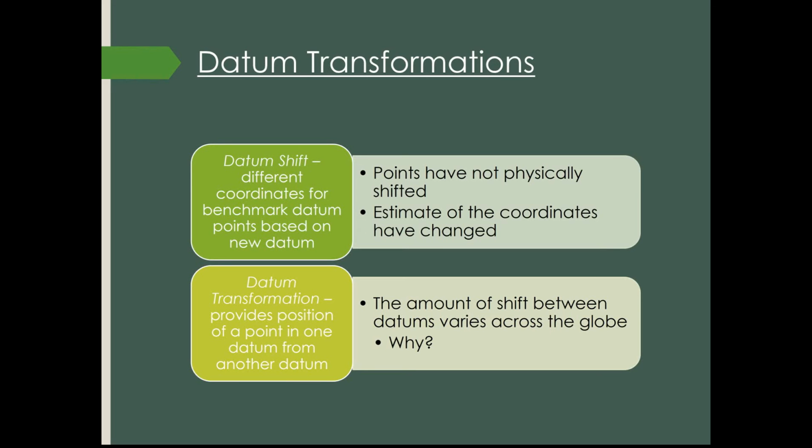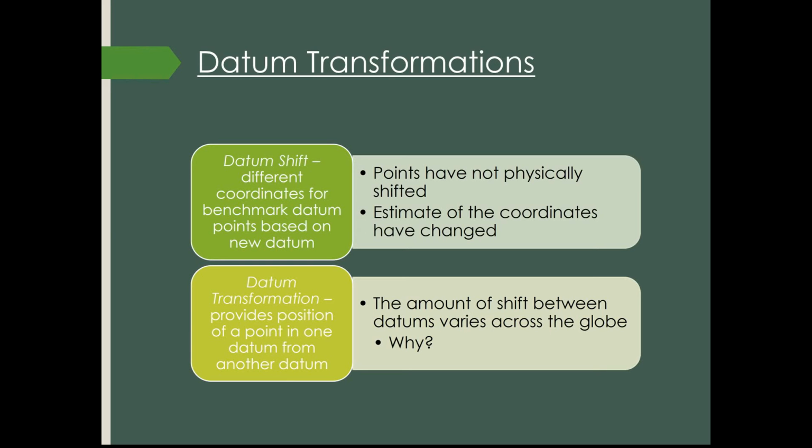So, converting geographic coordinates from one datum to another typically requires a data transformation. Datum transformations provide the latitude and longitude of a point in one datum when we know them in another datum. So, a datum shift gives different coordinates for benchmark datum points based on new datums.